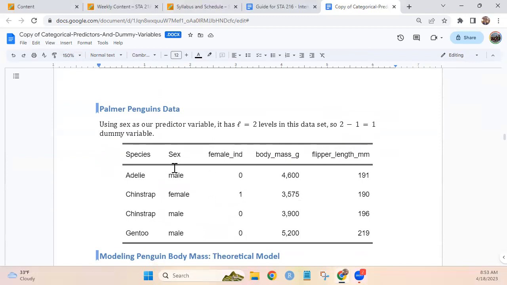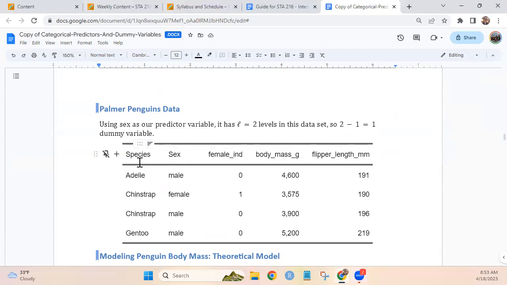Because there's only 2 categories, you only need 1 dummy variable to tell us if the penguin is male or female. Because if we know it's a 0, it has to be a male because there's only 2 categories here. And if we know it's a 1, it has to be female. And that continues on if you had more categories.